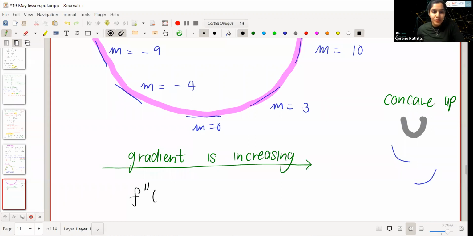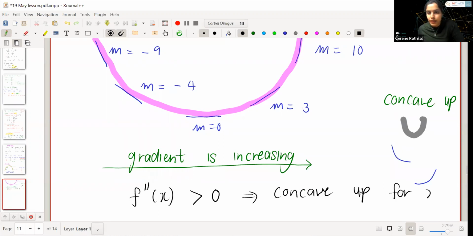And so whenever f double prime of x is positive, we call this concave up. Okay, so if the second derivative of f at x is positive, then it is concave up for x, right? So typically concave up for x, where x is on some interval, right?